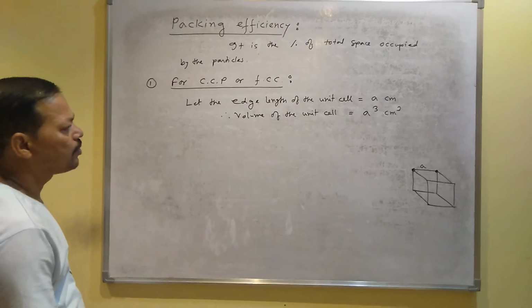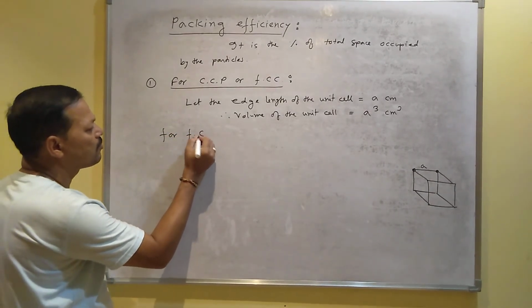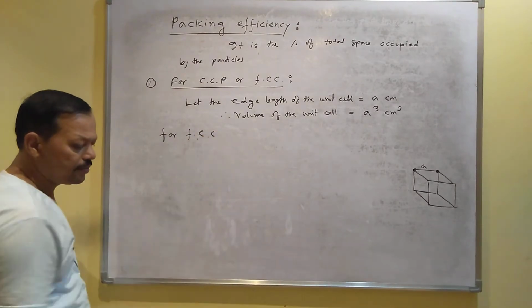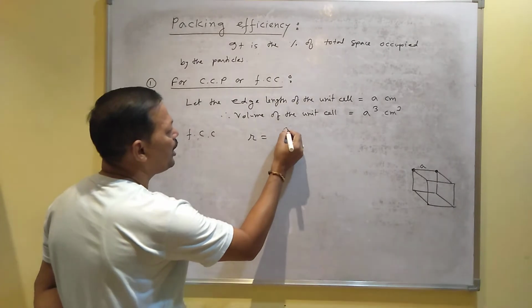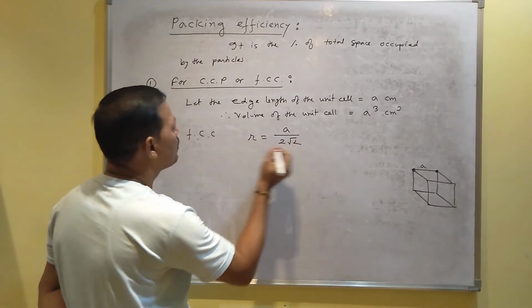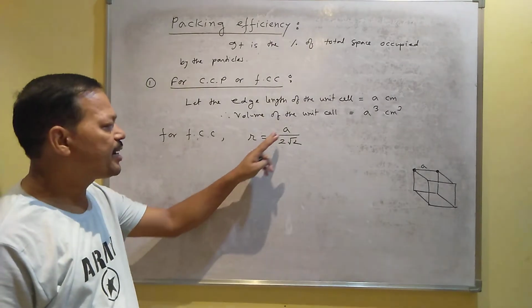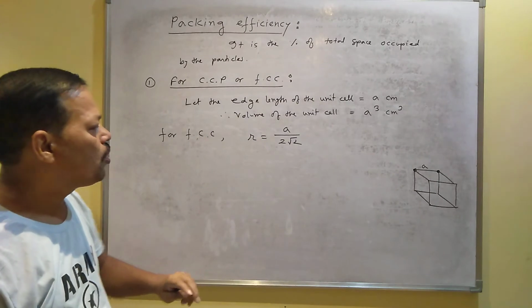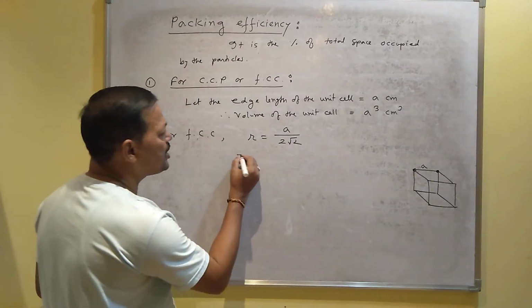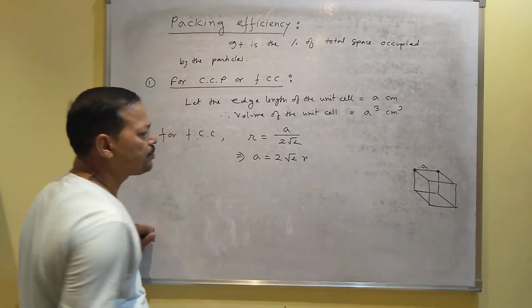Now for FCC, for face-centered cubic, you have got r is equal to a by 2 root 2. Already you have got this relation. This is the relation between the radius of the particle and the edge length of the unit cell. The radius is equal to edge length by 2 root 2. That means you can write a is equal to 2 root 2 r.